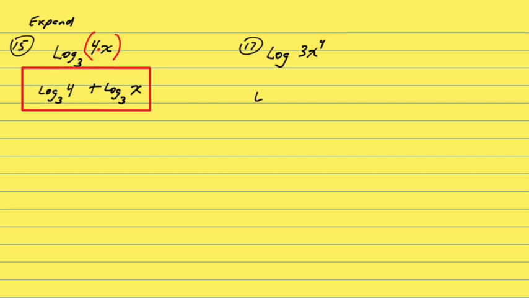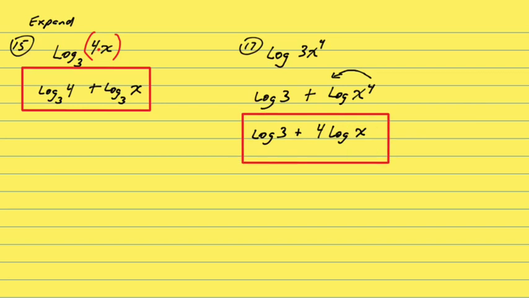This one I could break up in 17, log 3 plus log of x to the 4th. There's one thing left to do, and that's to pull this exponent out front using my properties. And this would be the expansion for number 17.